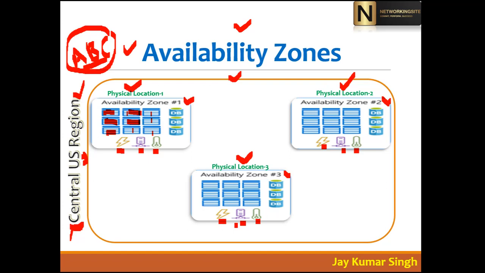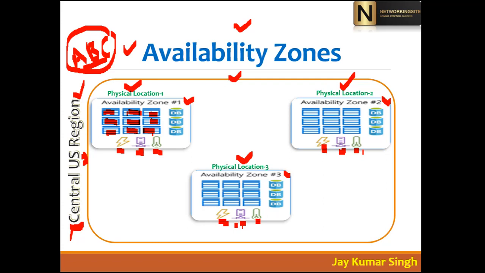For each availability zone, every physical location has separate power, separate network, and separate cooling system. Here also you can see physical location 2, which is availability zone 2, has separate power, separate network, separate cooling. Here also separate power, network, and cooling.